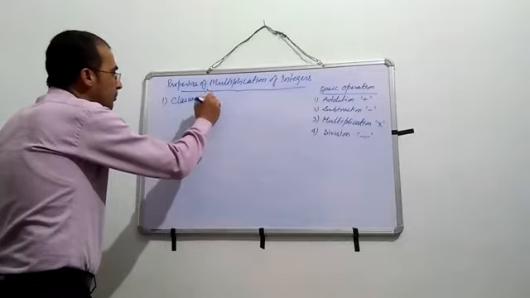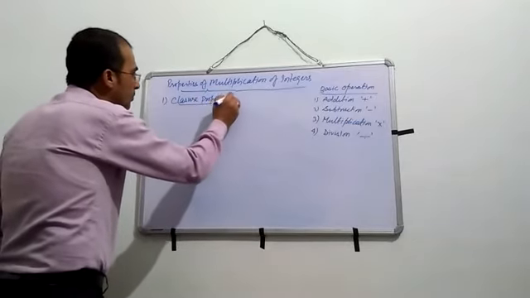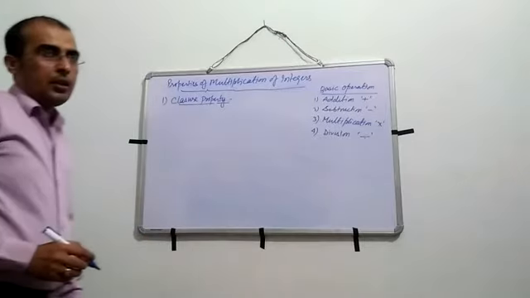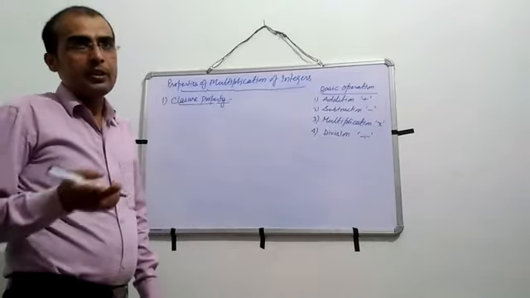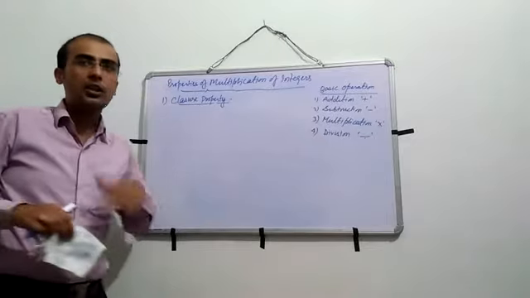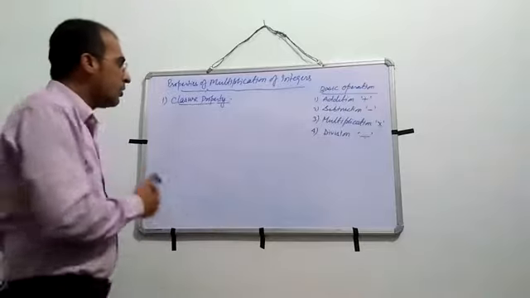closure property. What is closure property? If you consider two integers, then their product is always an integer. It means that the product of two integers is always an integer.